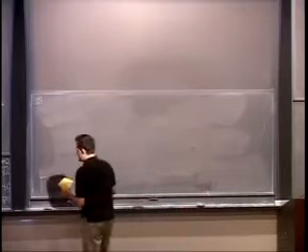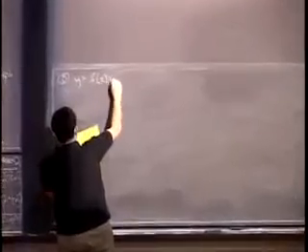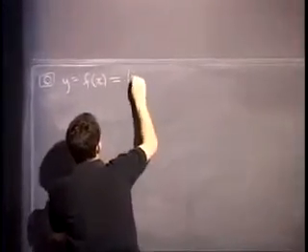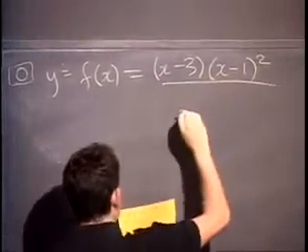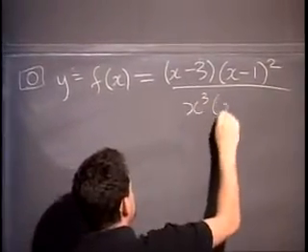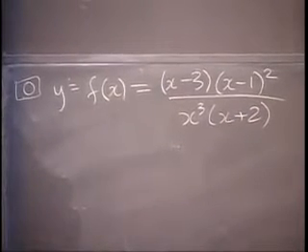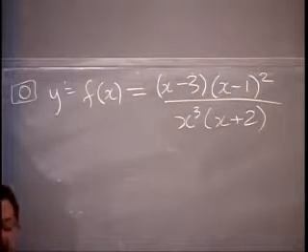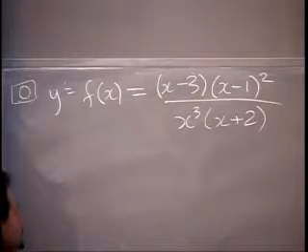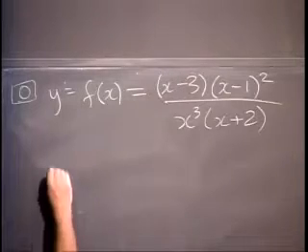Actually, it's just the one that we looked at before when we drew up the table of signs. y equals f of x is equal to (x minus 3)(x minus 1) all squared over x cubed times (x plus 2). That was the first example that I looked at for table of signs, but I just want to start you off. Again, I'm not going to do the last 4 steps here, which, as I say, I'm wimping out, but let's see how the first few steps look.